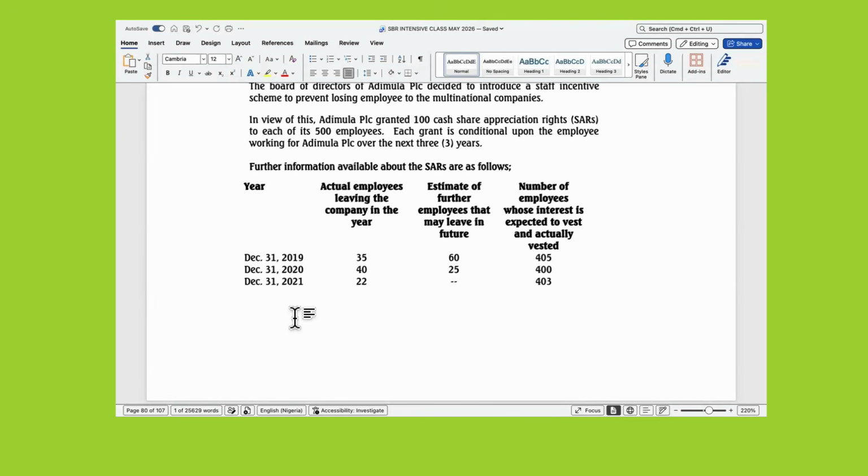They already give us that in this question, in the table. They said in 2019 that 35 employees left. They now estimate that a further 60 will leave in the future. So in the next 3 years, they're estimating that 95 will leave, so only 405 employees will vest.